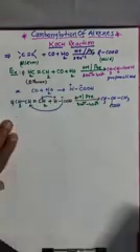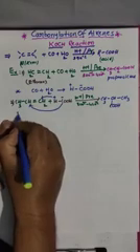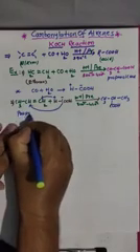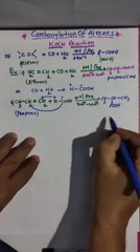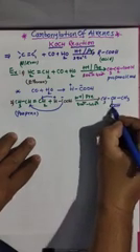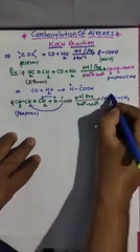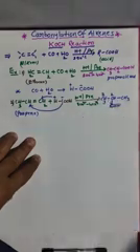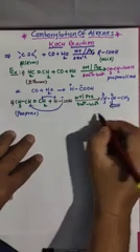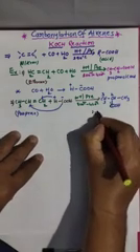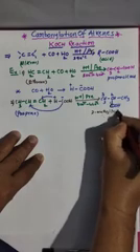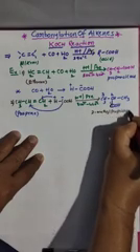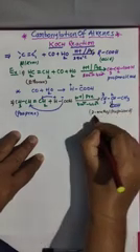So what did we get? Propene we took. When we took propene, what did we get here? Look here, COOH group 1, 2, 3. 2-methylpropanoic acid, you are getting 2-methylpropanoic acid.